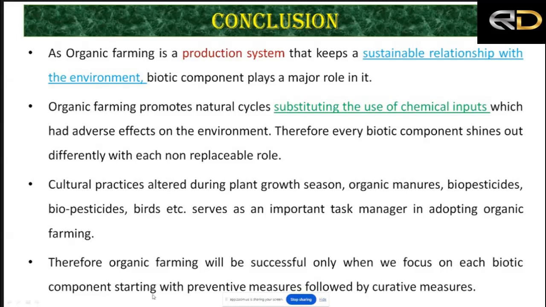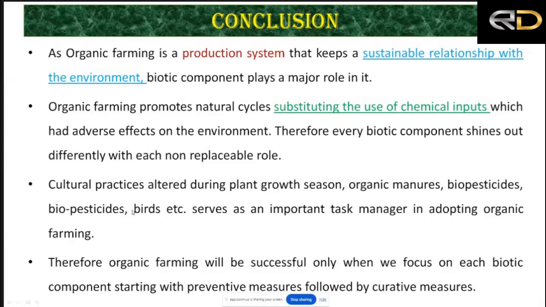Organic farming promotes the natural cycles and should substitute the use of chemical inputs. Every biotic component that we have talked about shines out differently, with its own non-replaceable role. They will not be replaced by any synthetic products, but have very important roles to play. Then I discussed cultural practices.